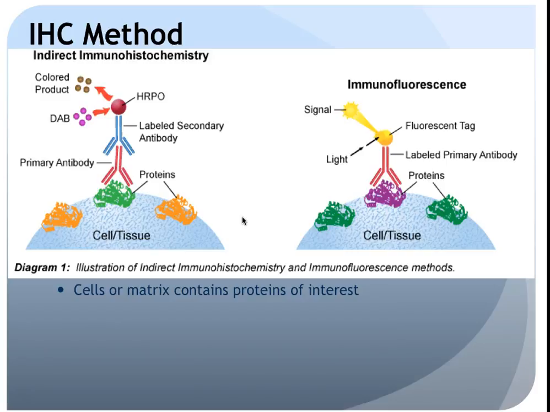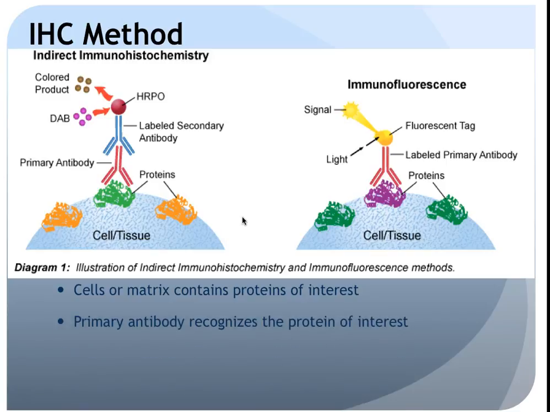So remember, that space in between all the cells in a tissue is what we call extracellular matrix. So sometimes, right, we're not actually interested in production of a protein by a specific type of cell, but we might want to know how the extracellular matrix is being remodeled, okay, maybe after an injury or maybe after a treatment. So there's proteins there too. So we might want to label something that's in the extracellular matrix.